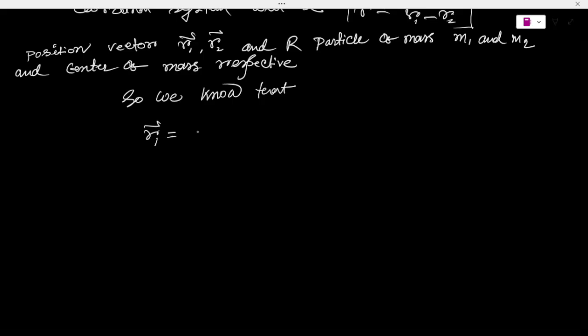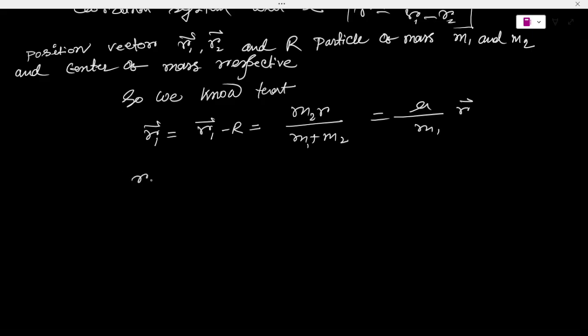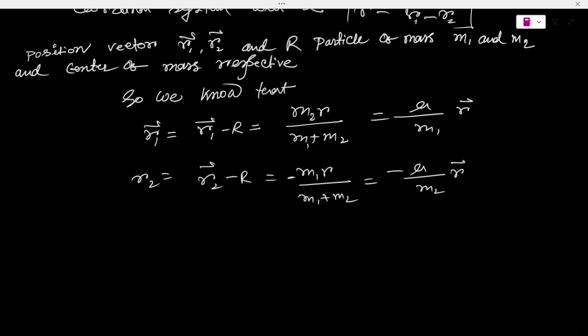From this we know that r1 is equal to r1 vector minus r vector, which is equal to m2 r divided by m1 plus m2, which is nu divided by m1 into r vector. And r2 is equal to r2 vector minus r, which is equal to minus m1 into r divided by m1 plus m2, so it is equal to minus nu divided by m2 into r vector.